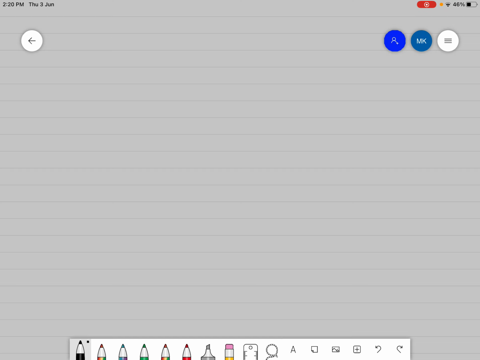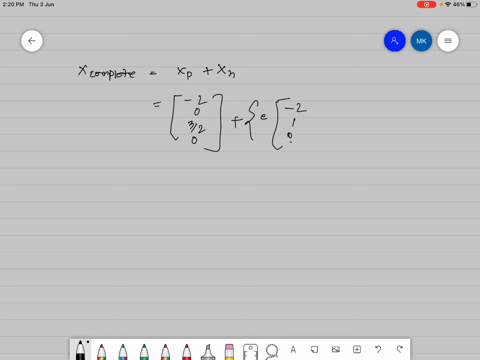Oh, one thing I forgot to mention, we got x complete equals xp plus xn, right? So the solution was basically -2 0 3/2 0 plus the whole null space, which was c times -2 1 0 0 plus d times 2 0 -2 1.